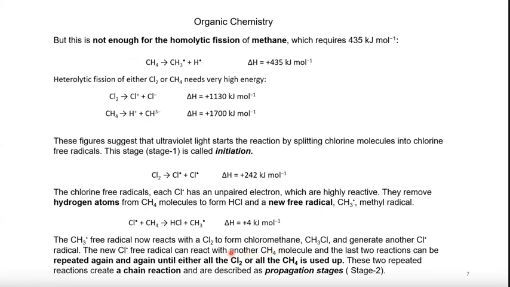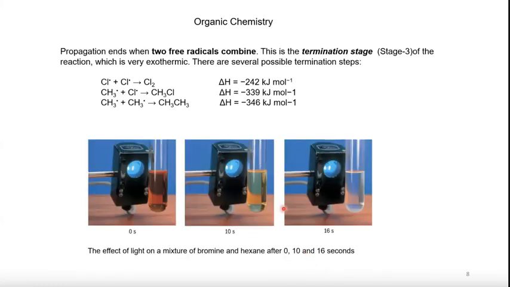These repeated actions are the second stage, the propagation stage of the mechanism. Propagation ends only when we do not have any free radicals in our reaction mixture, and that is the termination stage.